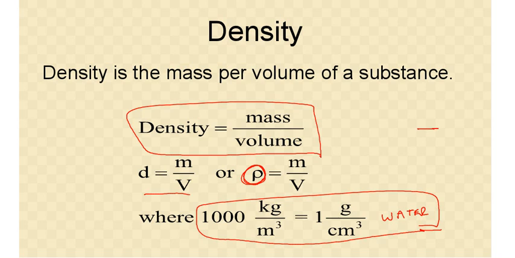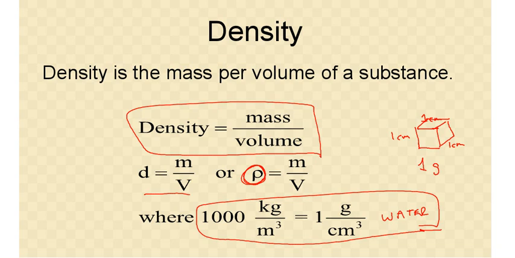So if you take a box that's 1 centimeter by 1 centimeter by 1 centimeter, and you fill that up with the most common substance on earth, water, then that would have a mass of 1 gram. Okay, so that's kind of where all this comes from.